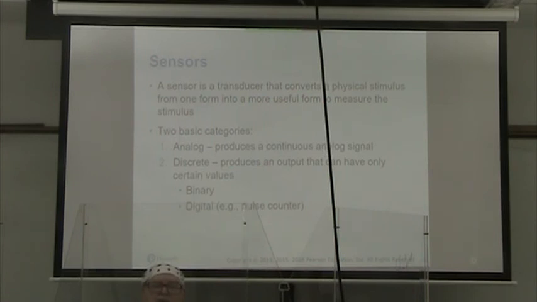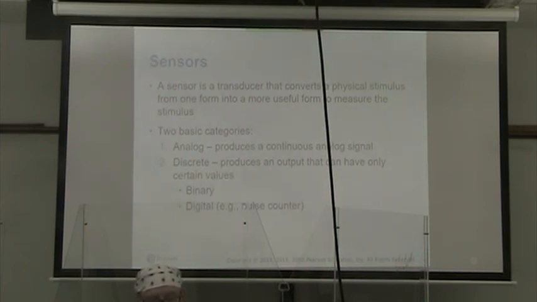So if they're analog, there's a continuous analog signal. If it's discrete, it gives us outputs that only have certain values, right? And by now, I'm sure you're aware of the difference between continuous and discrete values.